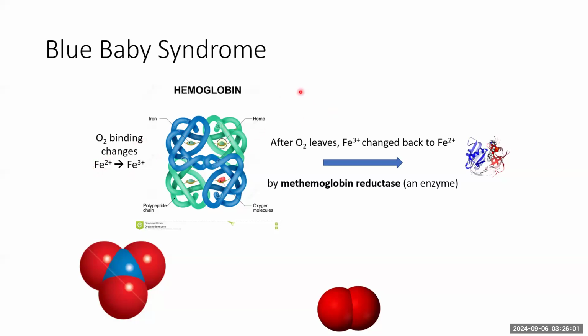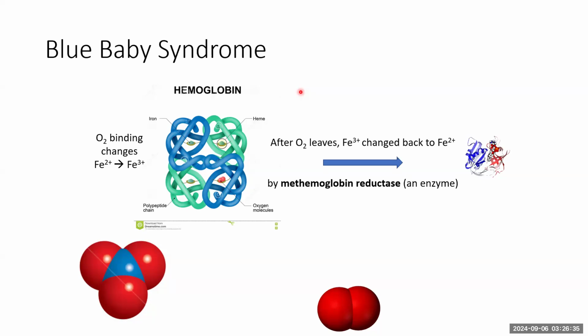And typically what happens with our hemoglobin is that the oxygen leaves and iron is reduced from its +3 to its +2. And all of this is done through the action of this methemoglobin reductase enzyme. So methemoglobin reductase is the enzyme that removes the oxygen and reduces iron back to its original state so that it is initially, again, attractive to some oxygen.